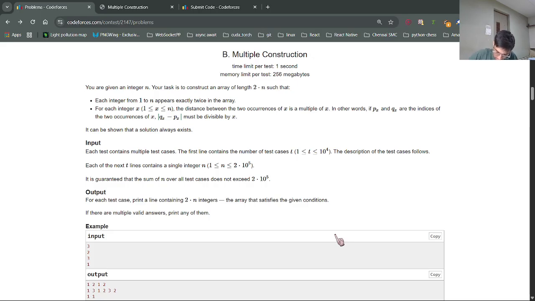What happens if I put 1, 1 here? Maybe 1, 5, 2, 1, 2, then 4, 1, 2, 3, 4, 3, 1, 2, 3.